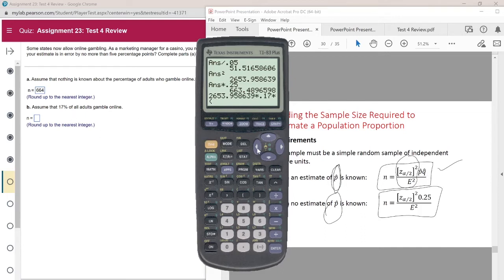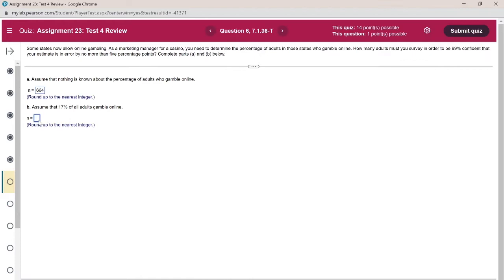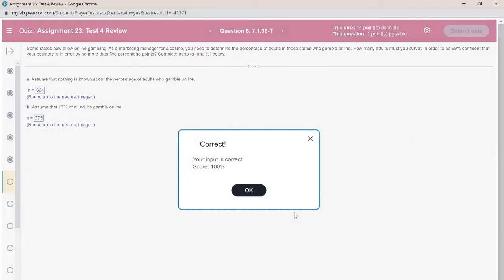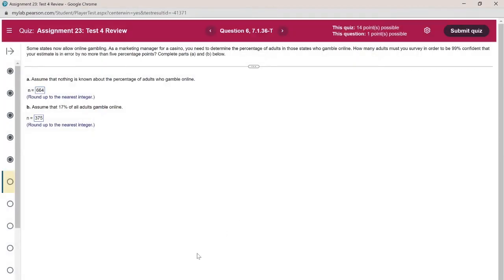So let me multiply it by 0.83. That gives me my sample size, which is 375. If you round it up to the next whole number, it's 375. So let's check the answer, and that's right.